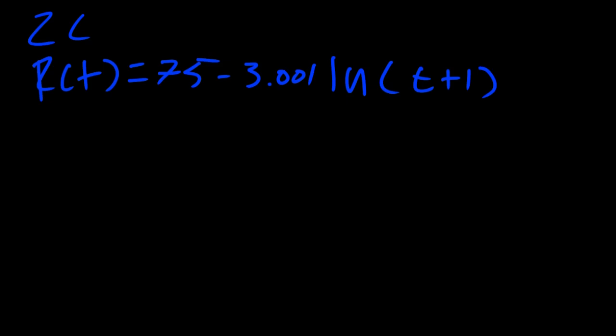All we have to do is plug in multiples of 12, since it's asking about the year, and a year has 12 months. So you plug in 12 for t, which gives the natural log of 13, and that is equal to 67.303.